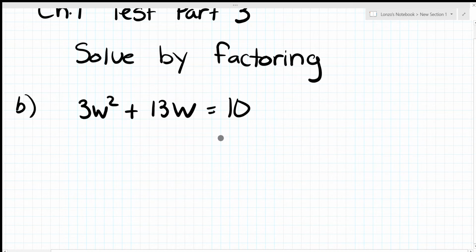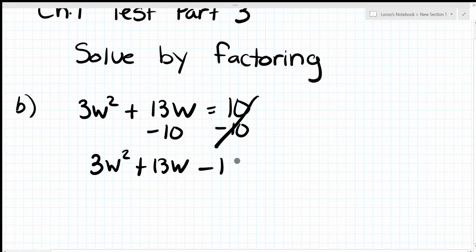I want to solve by factoring, so what I have to do is get the right side 0. So I'm going to subtract 10 on the right side, and I'm going to do it on the left side as well. So this cancels.